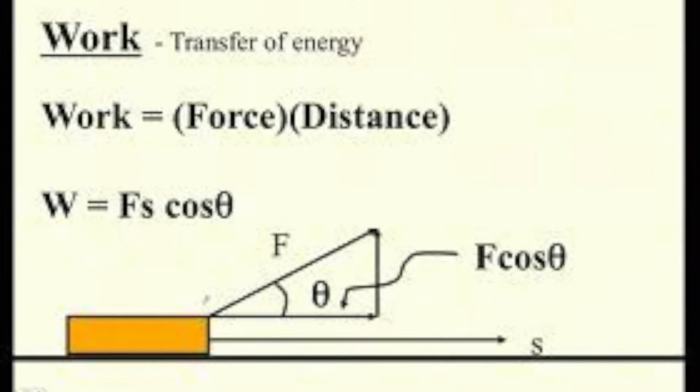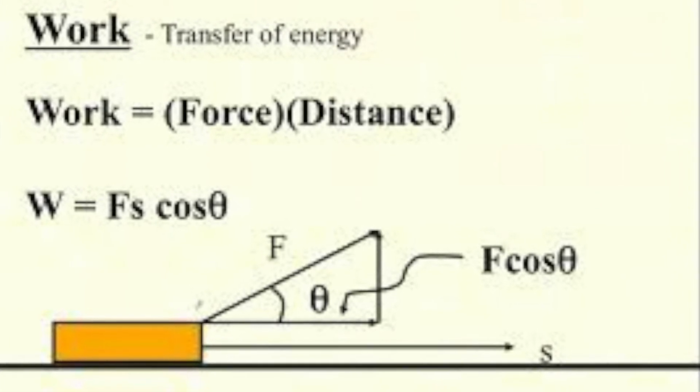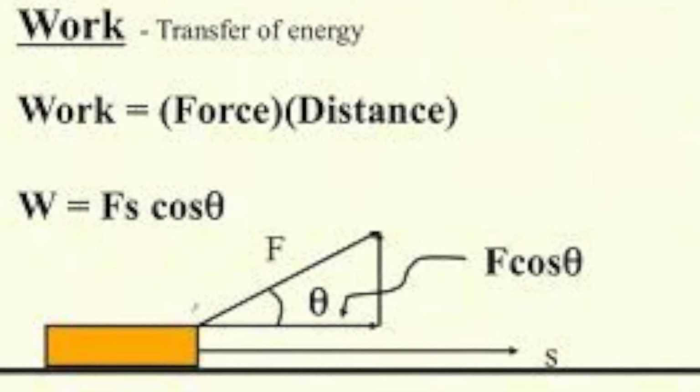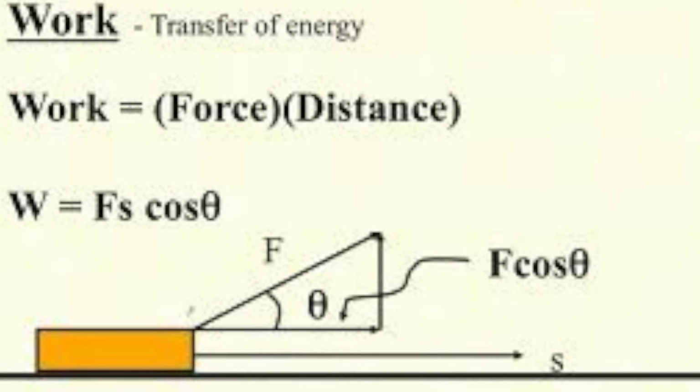We use cos theta if the force has an angle. The unit of work is the newton meter, or joule. If we apply force to an object and it makes a displacement in the same direction as the force, work is done.